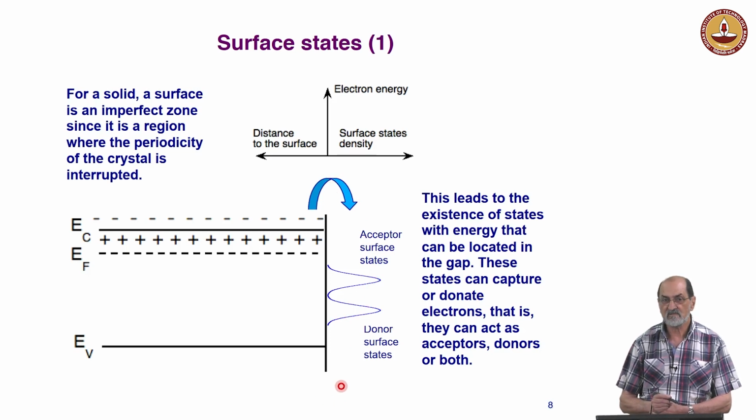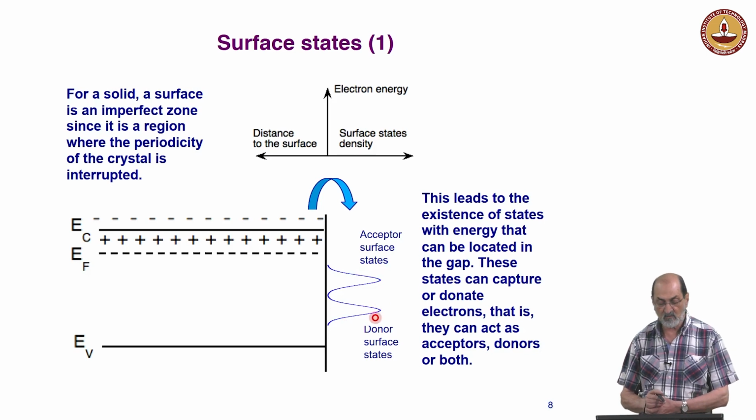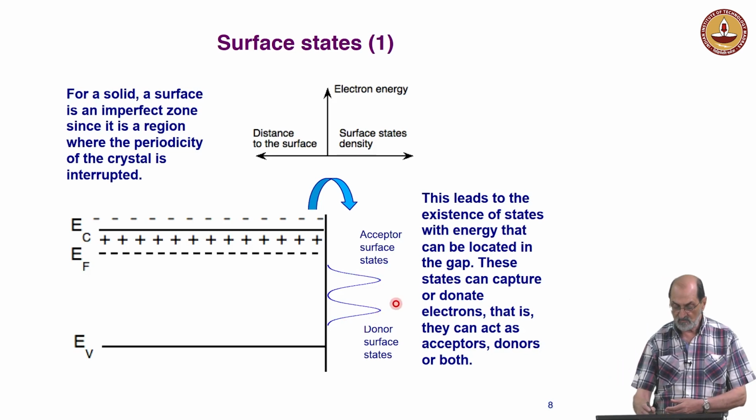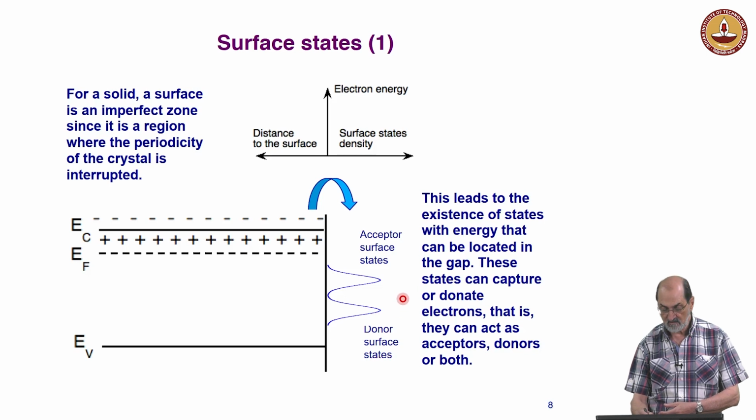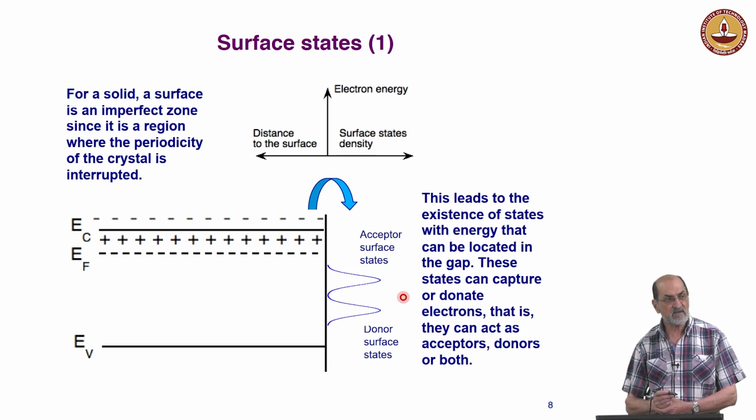That is, whether they exist or not would be irrelevant from an electrical point of view. But being here, we have a problem. What's the problem? Donor states, if they are filled, have no charge. But acceptor surface states, if they are filled, have a net charge.